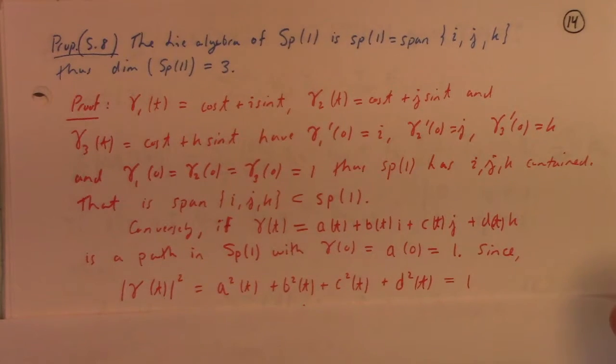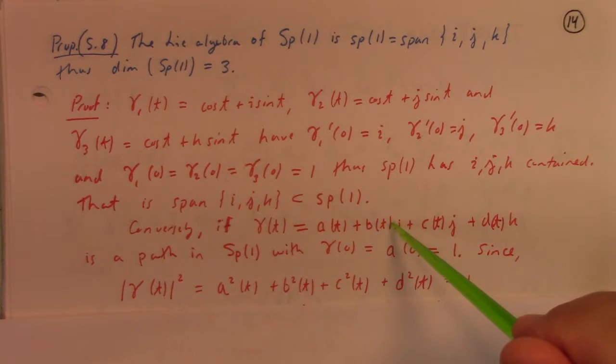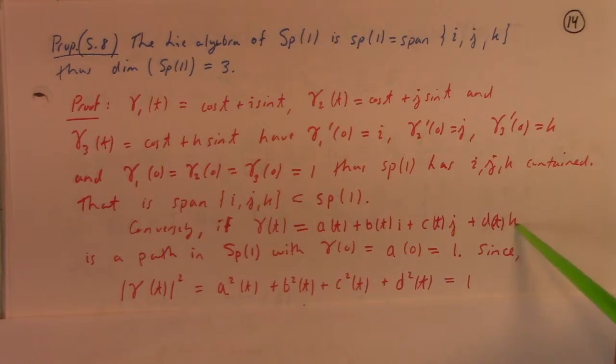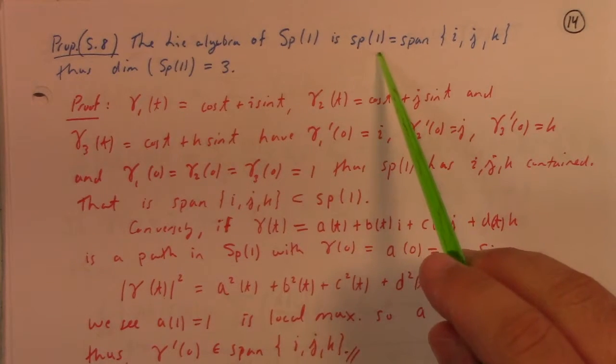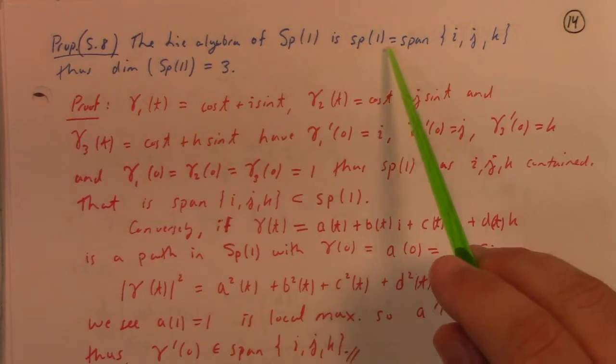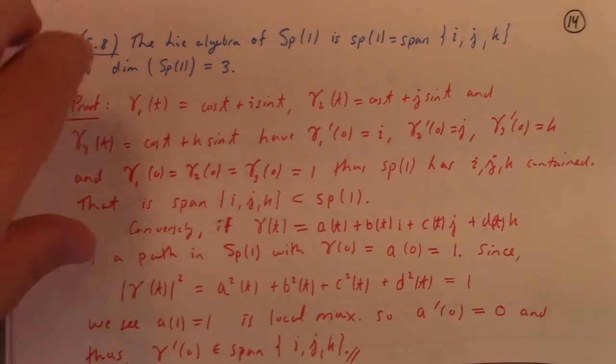But the important part here is that since a of 0 equal 1 is a maximum for a, it must follow that a prime of 0 is 0, which means that gamma prime of 0 is an arbitrary linear combination of the versors i, j, and k, just like in our previous argument. So consequently, the symplectic Lie algebra SP1, little sp1, is in fact the span of ijk. It's three-dimensional. There you have it.